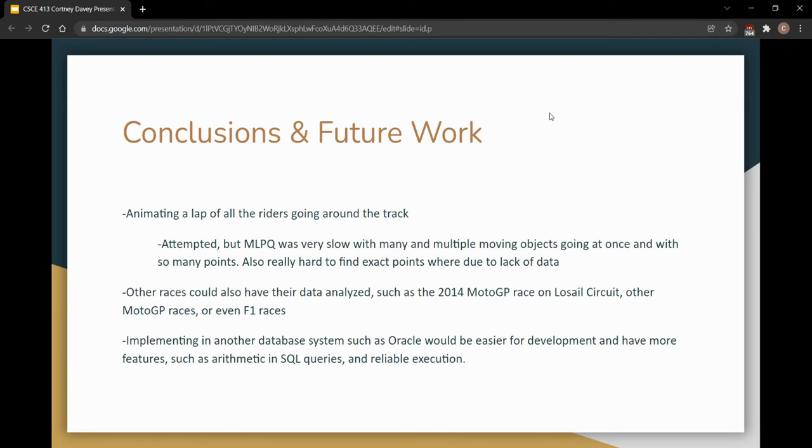We could also analyze other races, such as the 2014 MotoGP race on this same track, Losail Circuit, other MotoGP races on other tracks, or even F1 races. Another thought that we had would be implementing the same project in a different database system, such as Oracle, and seeing the differences between Oracle and MLPQ and how implementation would be different.